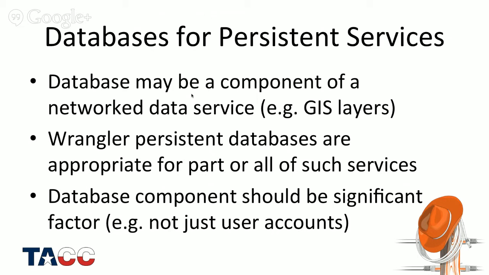Wrangler may or may not be the entirety of the software and hardware stack that you utilize. You could have a website that's actually hosted someplace else. Maybe it lives in the Amazon cloud, or it lives in our cloud, and it just utilizes a database that's sitting on Wrangler, either for capacity or performance reasons.